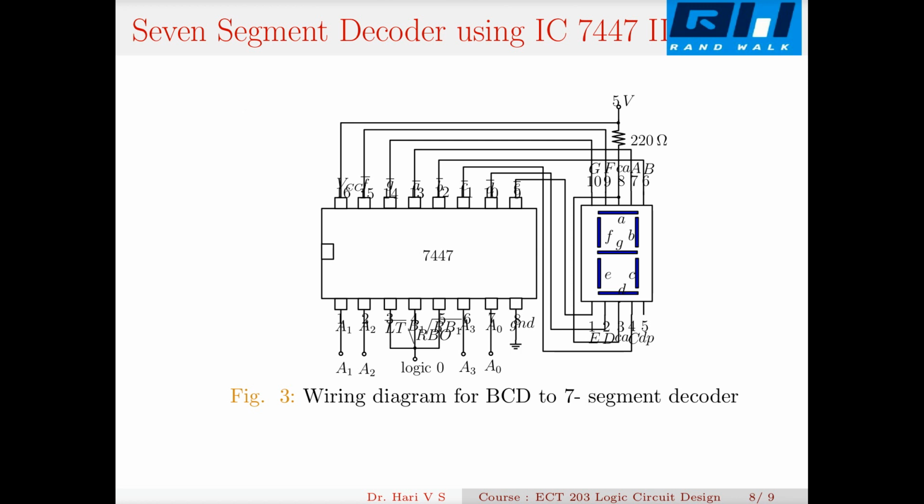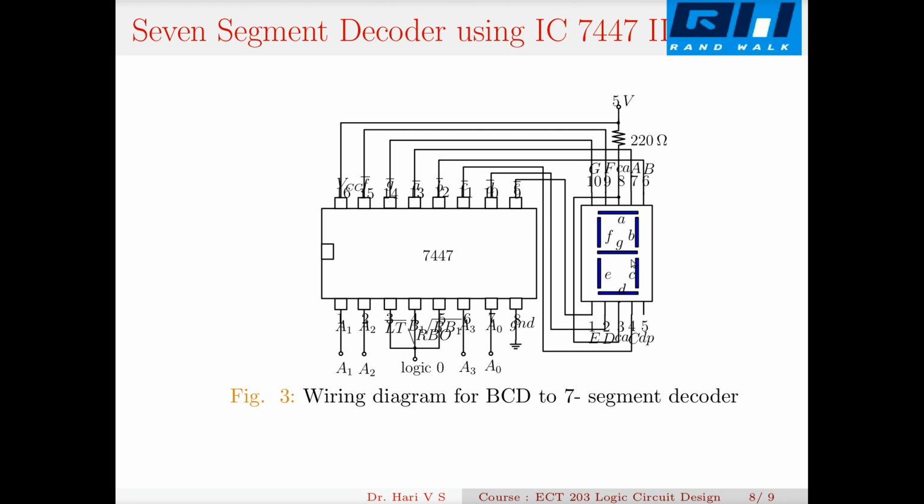You can go to the lab, take these two devices, the 7447 IC and FND 507 common anode display, connect them together, connect to 5 volt and apply different patterns from A3, A2, A1, A0, from 0000 to 1001, all valid BCDs, and you can appreciate these numbers coming on this display.